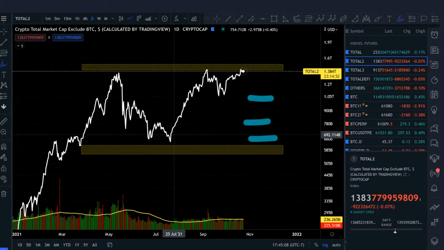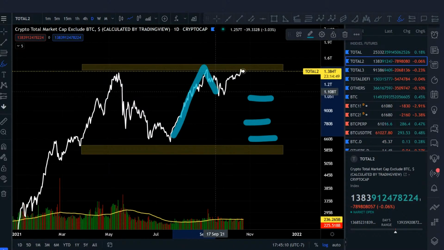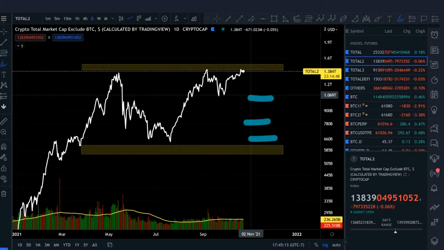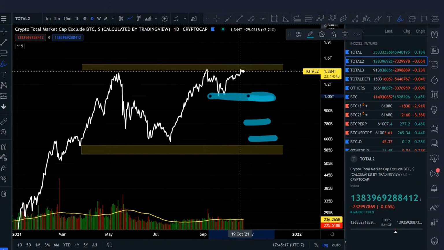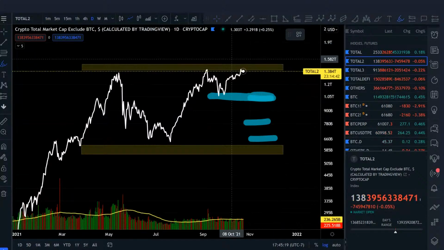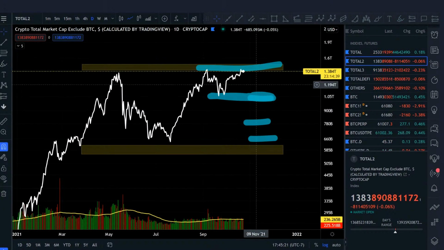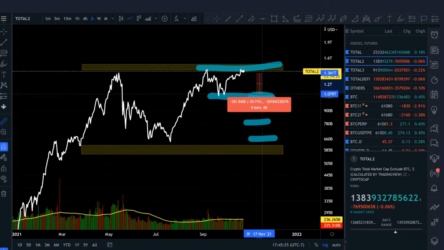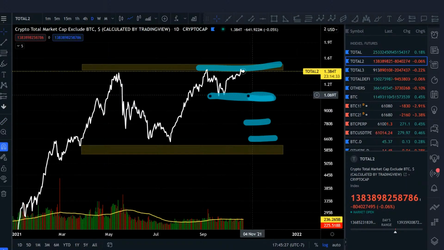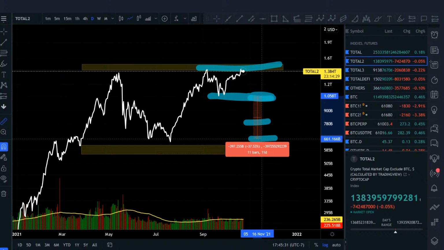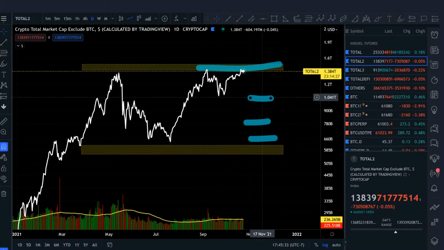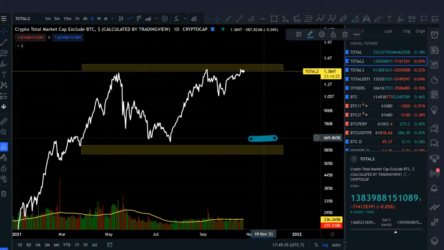I'm in yellow light mode: if we reject down, then we're probably going down here to 1.05, this blue line. Why? Because of the double top resistance price pattern, if you know your price patterns. If we reject down, that's negative 25%. If we lose this support of 1.072 trillion, then it's another 25%, probably 30% down. So you want to start to watch out for that kind of stuff.